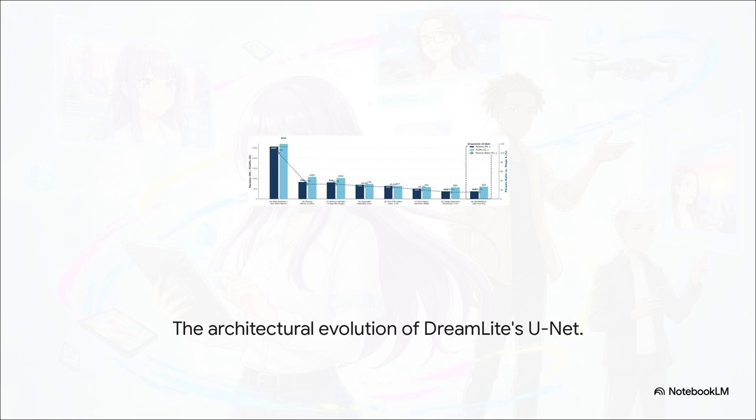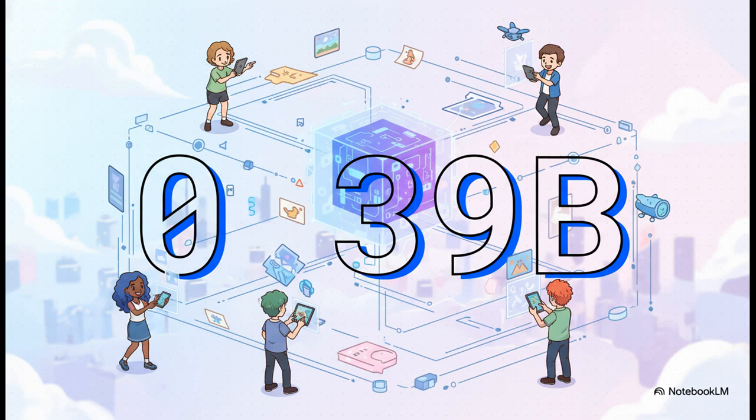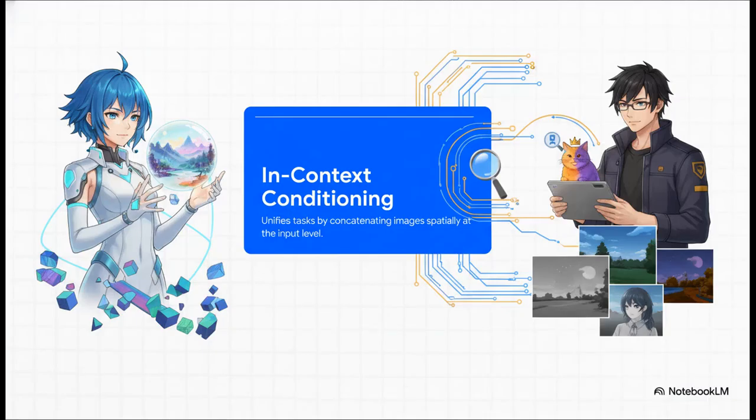You can see how each step, like ripping out complex self-attention mechanisms or using more efficient separable convolutions, which is just a smarter way to process the image, slash the model's size and the computational cost. And the result of all that work, they managed to shrink the model's core UNet down to just 390 million parameters. That's only about 15% of its original size, which is finally small enough to actually fit comfortably on a mobile device.